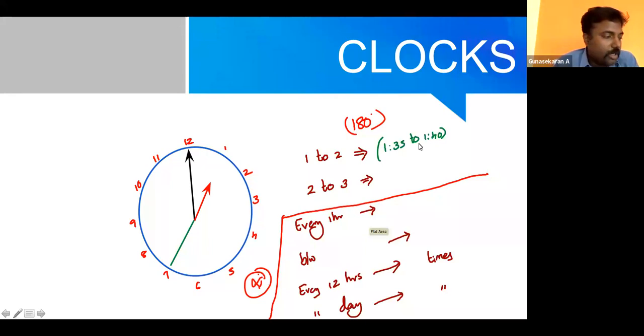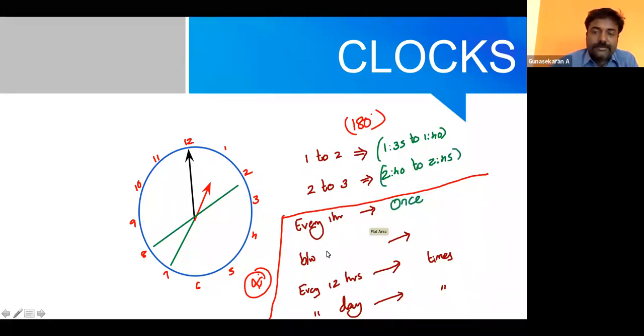Between 2 to 3, at what time does the situation occur? Do the visual rotation and say the answer. Somewhere around 2:40 to 2:45, right? Fine. So every 1 hour once.